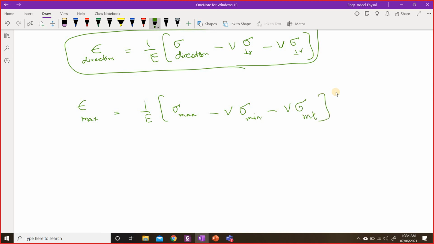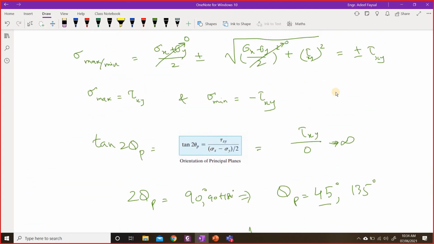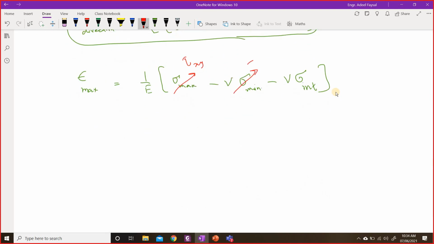Now in this particular case, this value is tau max, tau xy. Looking at this equation, we have just found that sigma max was tau xy, sigma min is minus tau xy, and the third is 0. So epsilon max becomes 1 over E times tau xy minus nu times minus tau xy minus 0.